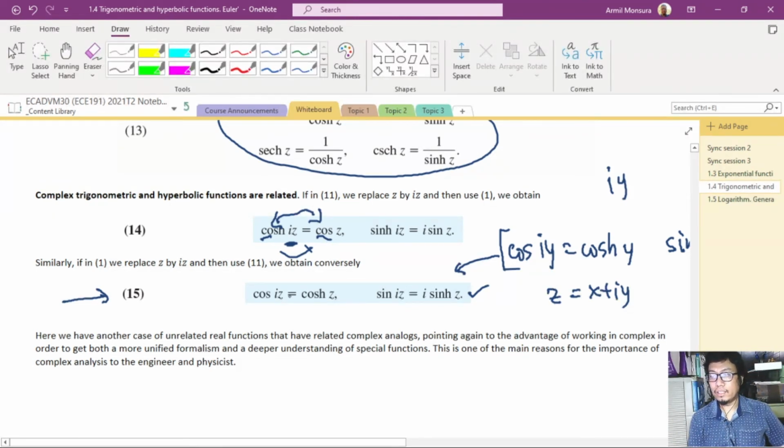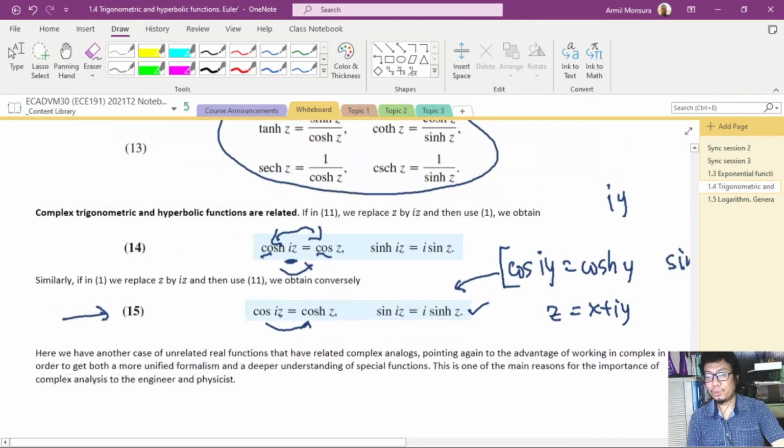And conversely, if you have a complex argument for a trigonometric function, that would be converted to a real hyperbolic function.